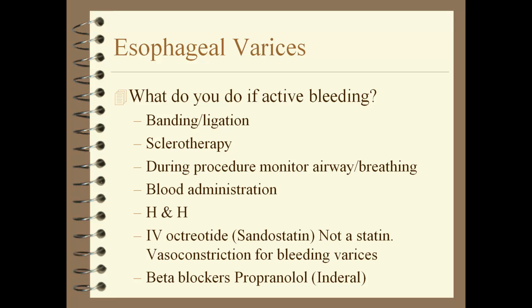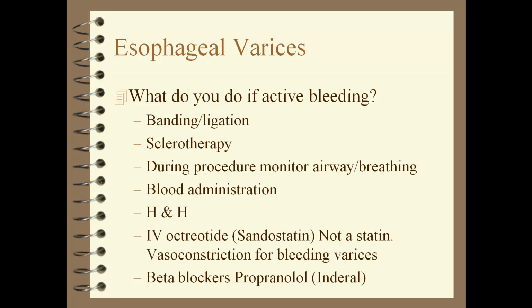Octreotide is Sandostatin. It's not a statin drug for high lipids. This one basically constricts for bleeding varices. These patients may need to be on propranolol, which is a beta blocker, to lower your blood pressure. And because of the bleeding, if they can't get to surgery in time, they may have that Sengstaken-Blakemore tube.